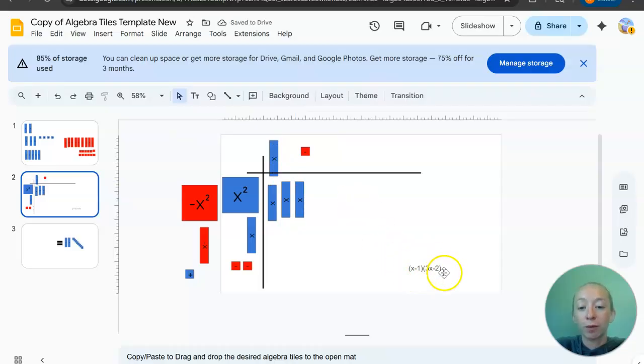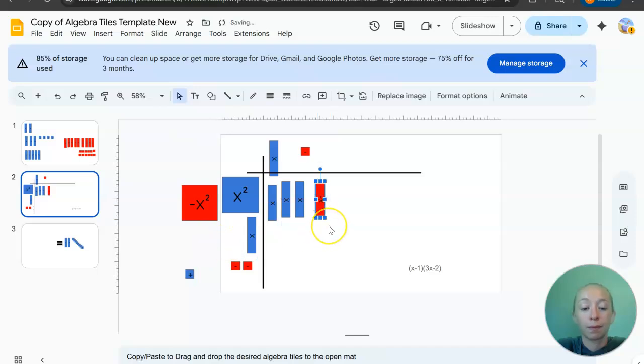Now we go first one with the second one in this parentheses. So x times negative 2. Well, any positive times a negative turns into a negative, right? So we have negative 2x. Okay, so that's what we got for our first one.